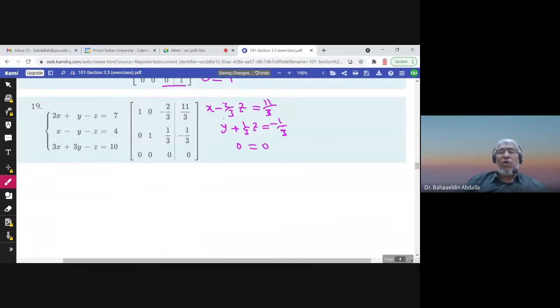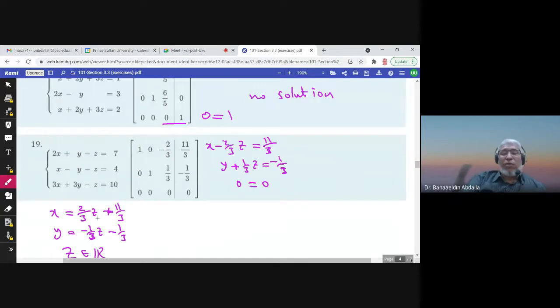So I solve for x and y, and z will be a free variable. It could be any real number.